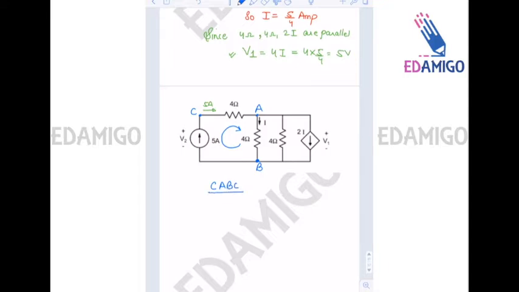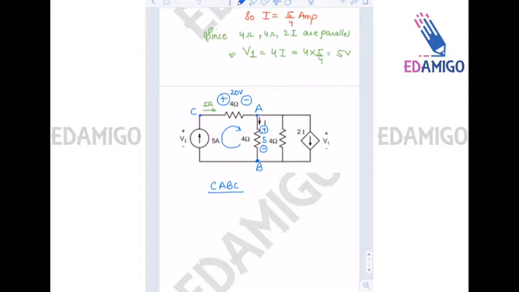Okay, now from C to A, since the current is flowing from left to right, the voltage will be positive on the left and negative on the right. So it is 20 volts. Voltage drop across 4 ohms is positive at top, negative at bottom, and it is equal to V1. And V1 we know is equal to 5 volts.